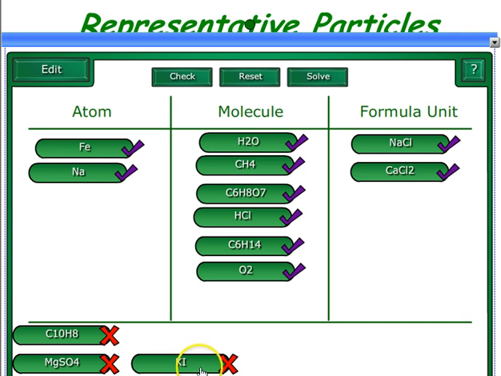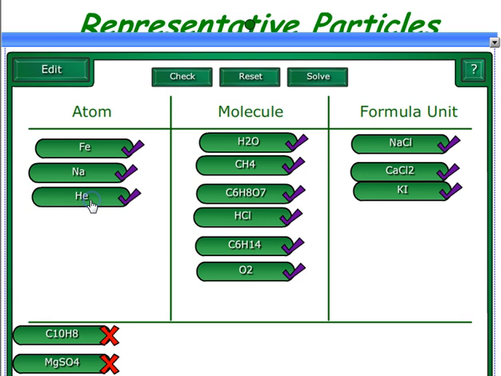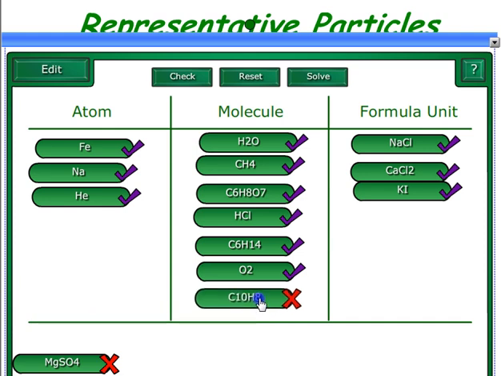So it kind of bridges the two categories, but it's not a single atom, so you can't call it an atom. KI, K is a metal, I is a nonmetal, making it ionic. Therefore, a formula unit. Helium, there's a single elemental symbol, so its particles are called atoms. C10H8, carbon and hydrogen, both nonmetals, we call those particles molecules.